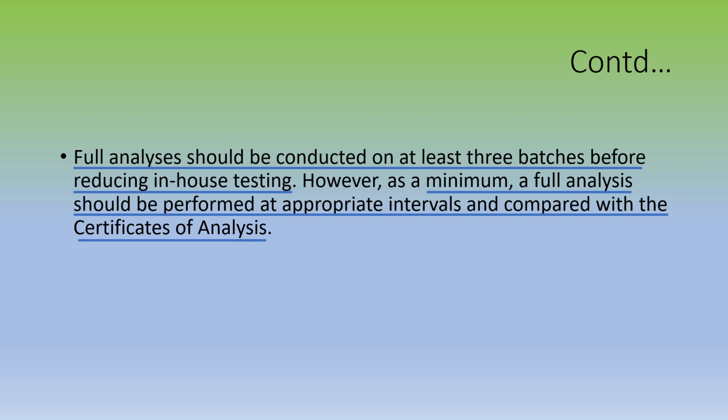Also, there should be a policy to test every 6 months or a year's full evaluation should be done. And the results compared with the certificates of analysis provided by the supplier. The statistical variability of the results should be less or insignificant to establish consistency of the testing at the supplier's end.